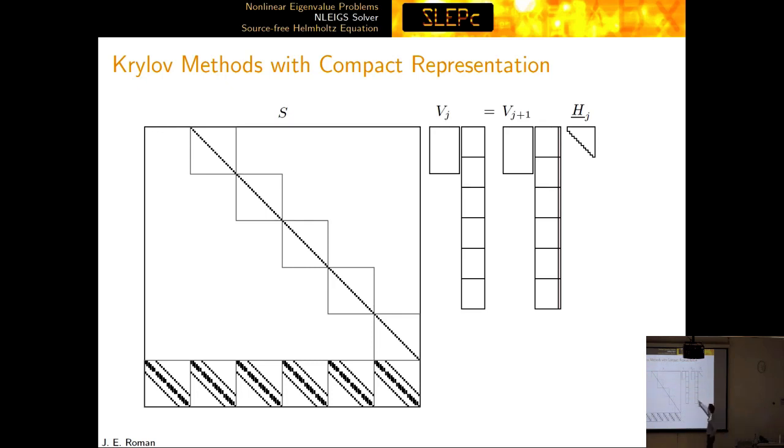So in this way, it's only necessary to store a Krylov basis of size n together with some coefficients that occupy a little bit of memory. This is the way we can solve problems that require a very large degree of approximation.